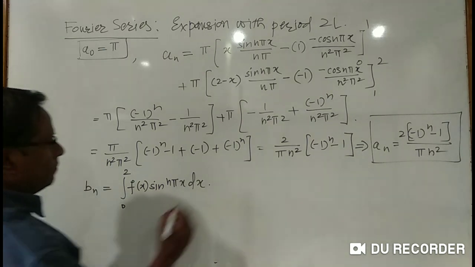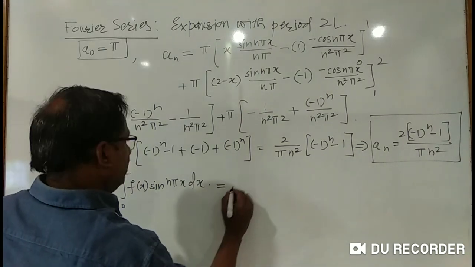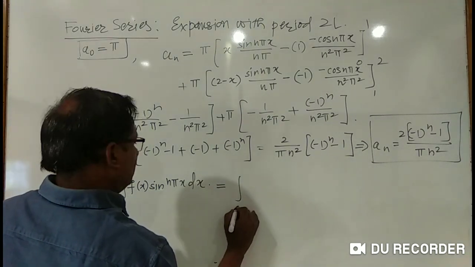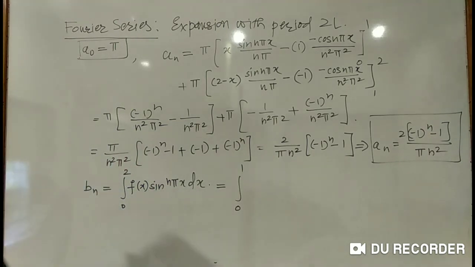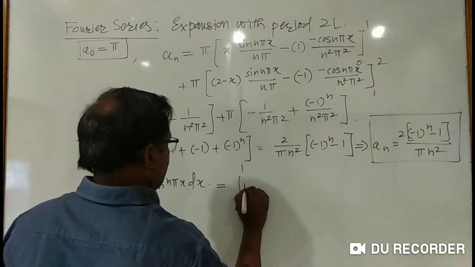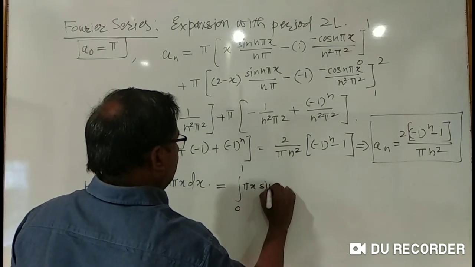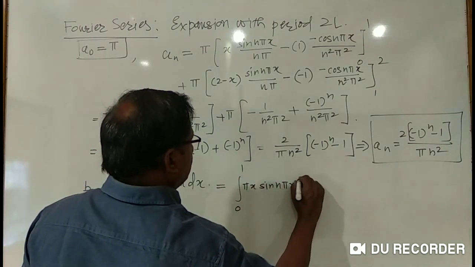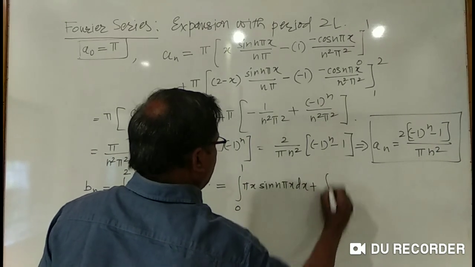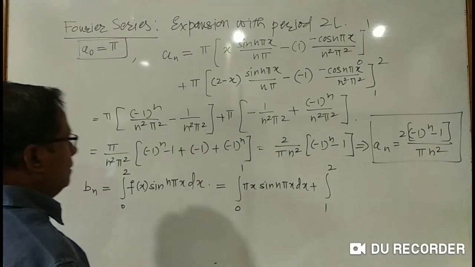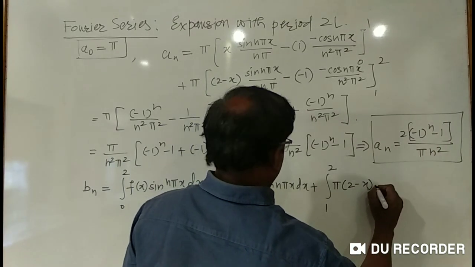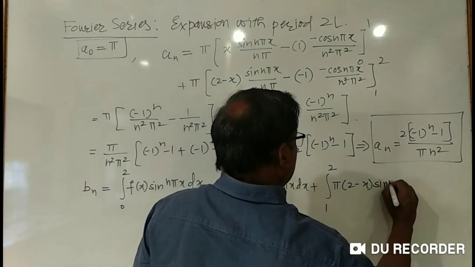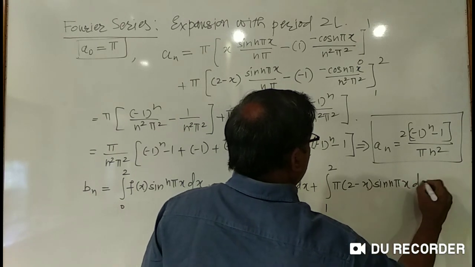Again we have to split this integral into the sum of two integrals: 0 to 1, where f of x is defined as pi x, sin n pi x dx, plus integral 1 to 2, where f of x is pi into 2 minus x, into sin of n pi x dx.